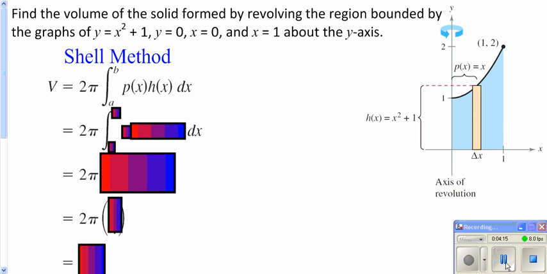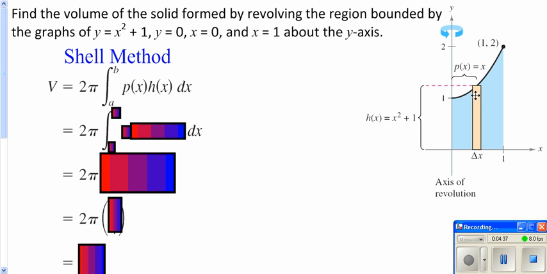Taking a look at this one here, we looked at this one in our last period, but we're going to look at it in a slightly different form. Here our rectangle is up and down, being revolved around our y-axis, so it's parallel. So we're going to try using our shell method here. Here's your basic formula.